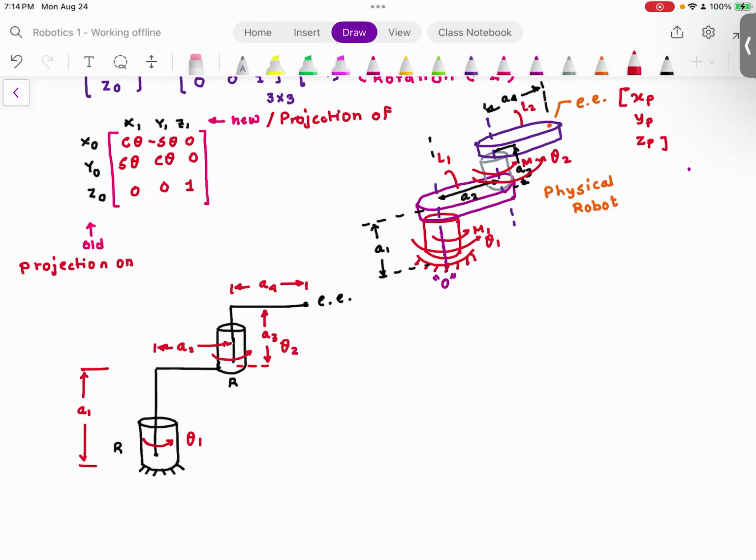So this represents the motor M1, and this represents the motor M2. Everyone understood this? So we are going to stop here for 15 minutes.